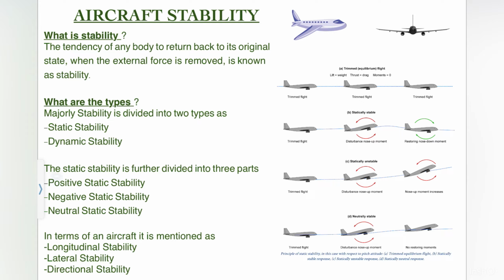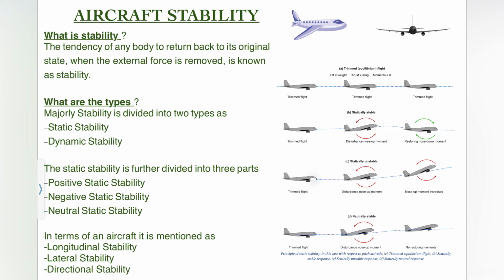As I've told, static stability is divided into positive, negative and neutral static stability. As you can see in the picture, the aircraft is doing a straight and level flight in the first three aircraft. In the second, the aircraft is going straight, and because of some disturbance, the nose pitches up. The same example which I have discussed, and the aircraft returns to its trajectory, is known as statically stable, which is positive static stability.